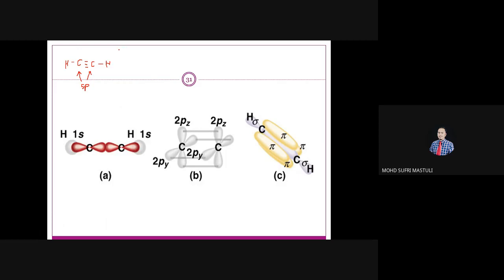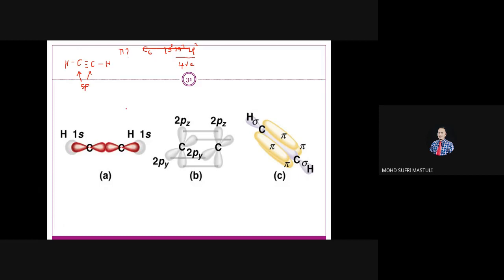We try to observe the formation of pi. Carbon has 6 total electrons, so the electronic configuration is 1s2, 2s2, and also 2p2. So the valence electrons is 4.